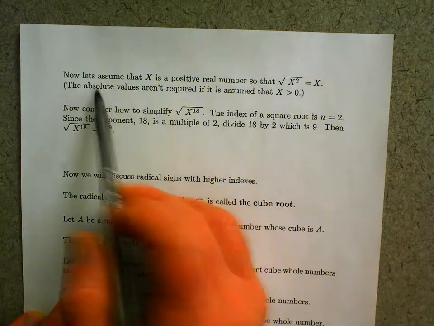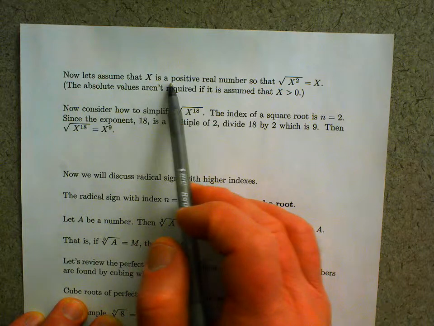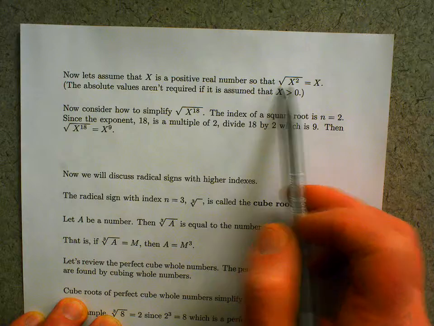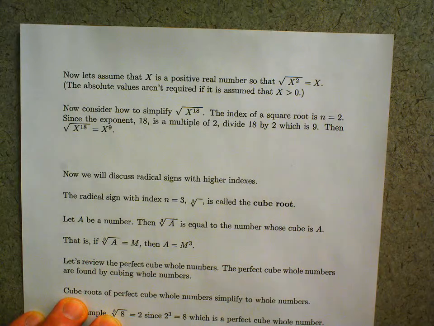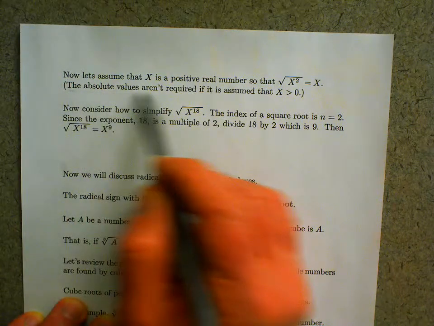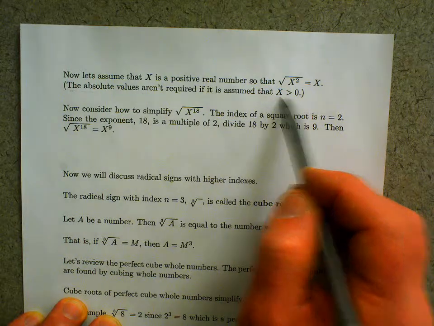Make sure you read the directions. So if we assume that x is already a positive number, then we can say that the square root of x squared equals x. So the absolute values aren't required if it is assumed that x is greater than 0.